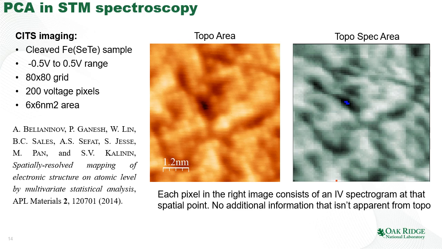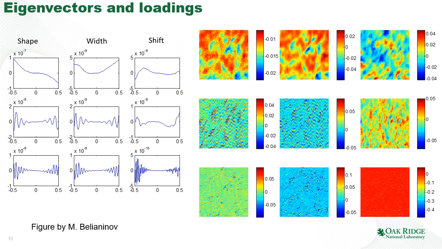So how can we look at the tunneling behavior? The answer is, we are going to do the PCA decomposition. Once we do that, our data set is separated into a set of eigenvectors. Here we show eigenvectors from the first, second, third, and all the way to the ninth, and the corresponding loading maps.